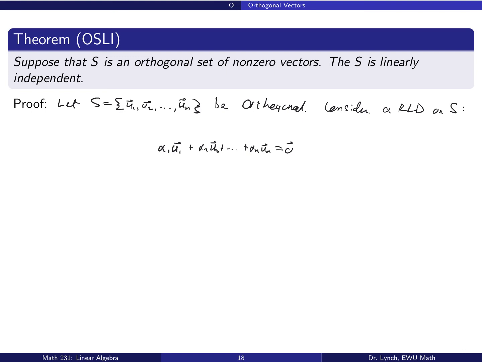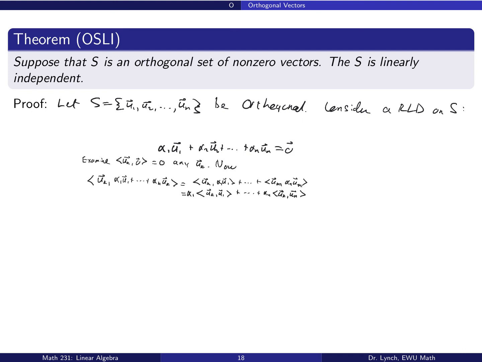So in order to see that that's true, let's have a look at the inner product of this vector 0 with any element of S, say uk. It turns out by properties of the inner product that the inner product of uk with 0 is 0, and that the inner product of uk with 0 is the inner product of uk with this linear combination.